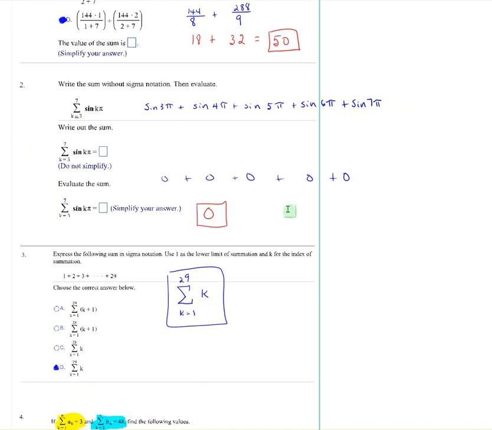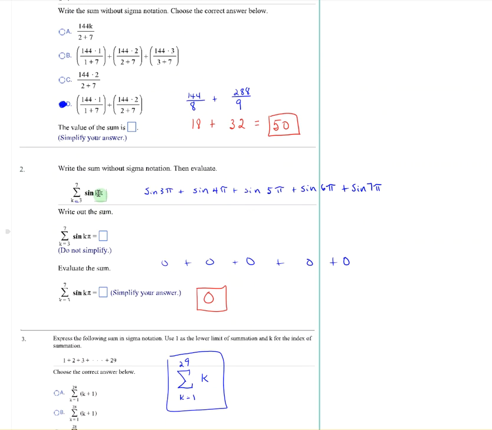Number 2, same idea, sine of k pi. They say go from 3 to 7. So you've got sine of 3 pi plus 4 pi through 7 pi. And sine at 3 pi, remember, pi is over there on the other side of the axis. Let me get a graph here.